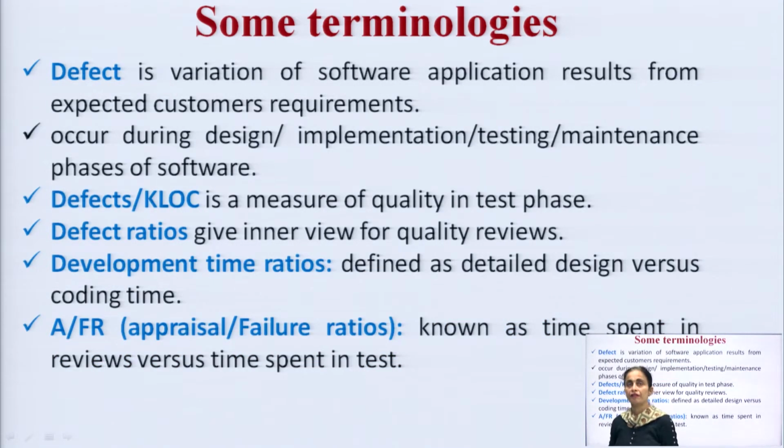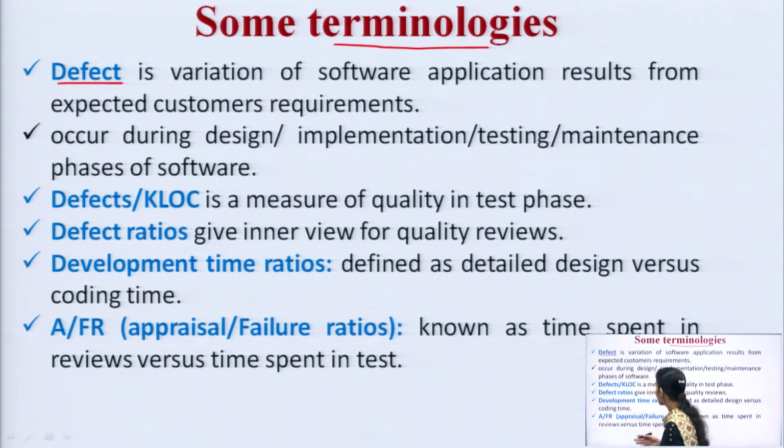Before going to the lecture, we will define some terminologies that we are going to use in this lecture. The first term is defect. How can we define a defect? A defect is the variation of the software application's results from the expected outcomes that we proposed during the requirement stage, the SRS stage.